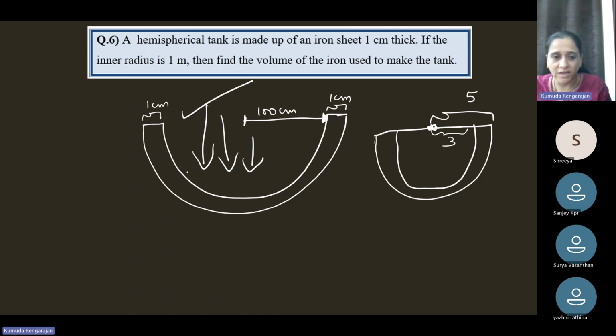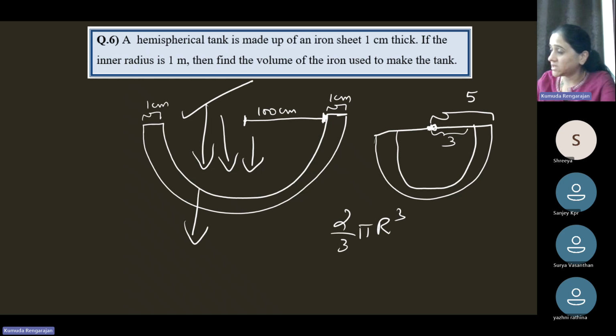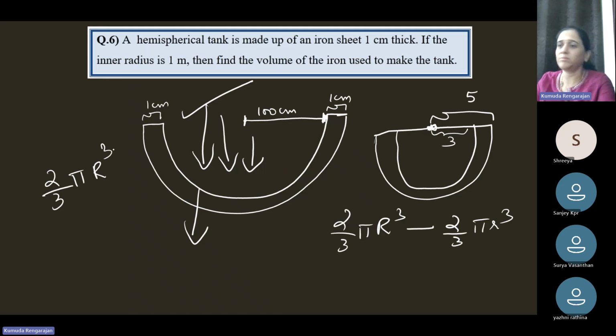So the volume of this iron will be the external volume minus the internal volume. What is the external volume? The volume of the solid hemisphere you had originally, 2 by 3 pi r cubed. From that you took away a hemisphere with a smaller radius.